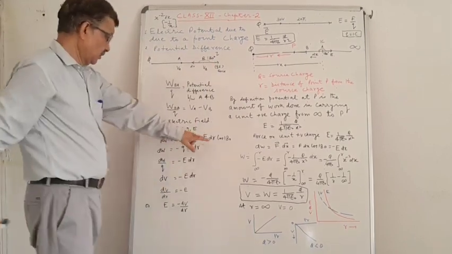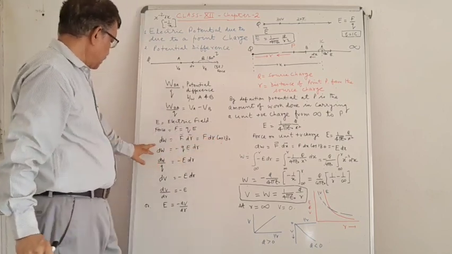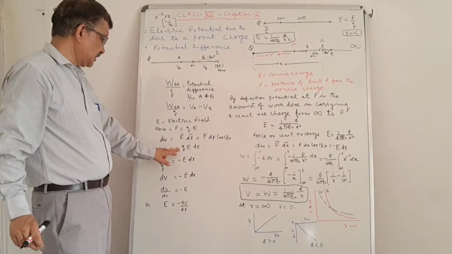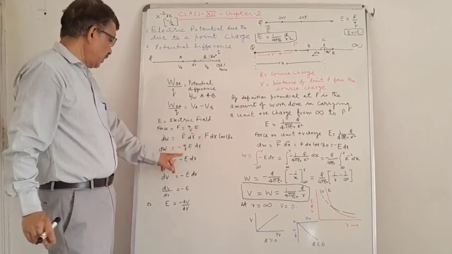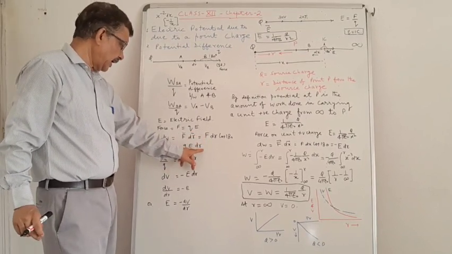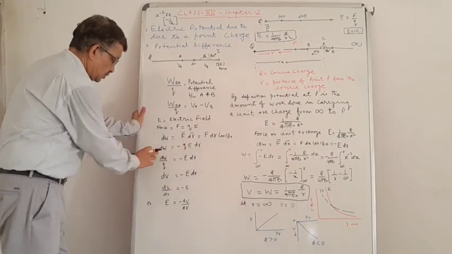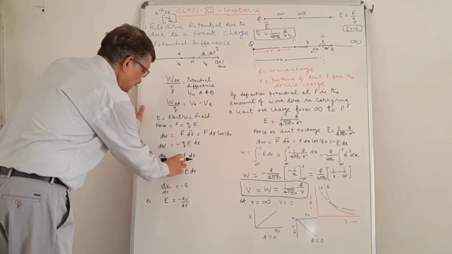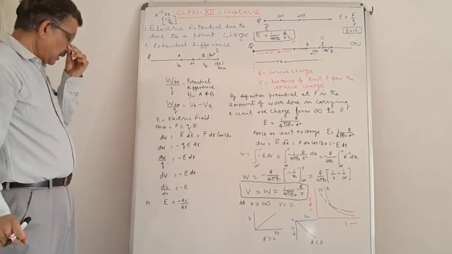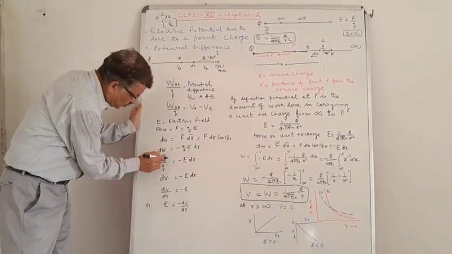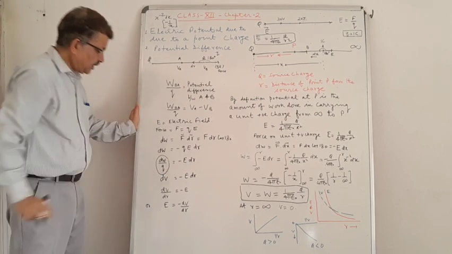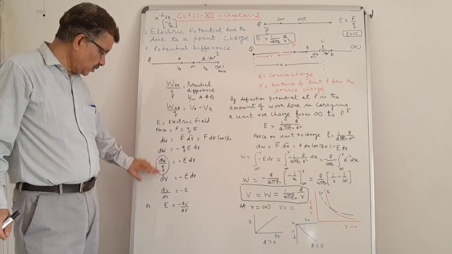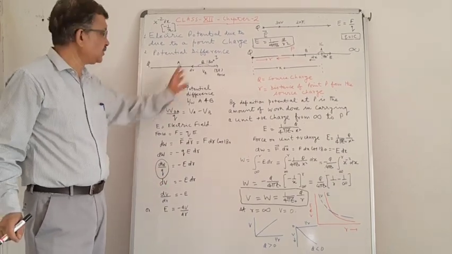So putting the values over here, the small amount of work done is equal to minus F, which is Q into E into dr. So dW by Q, taking Q here, is equal to minus E dr. And now what is this quantity? This quantity, work done divided by the charge, is just equal to the potential difference between these two points.